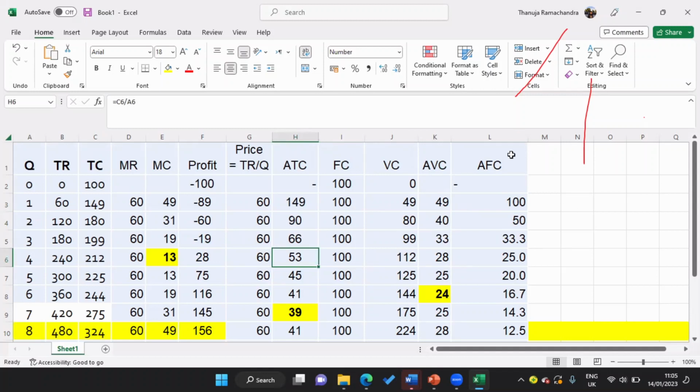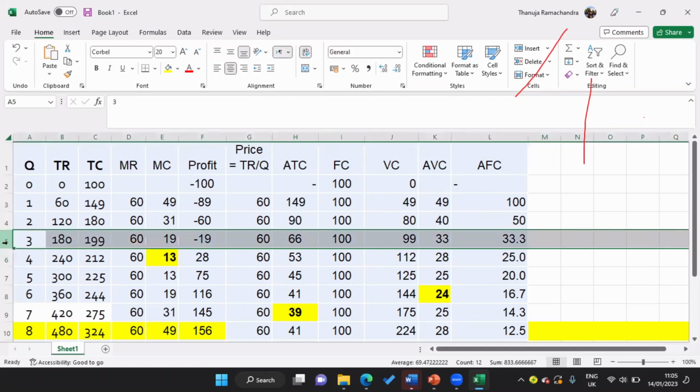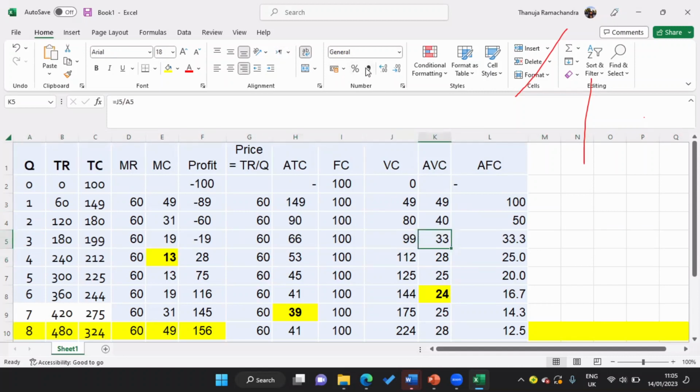Average variable cost in Q3, it should come as a decimal, madam. When you take the Q3 level, actual total cost of Q3, TC divided by Q, madam.